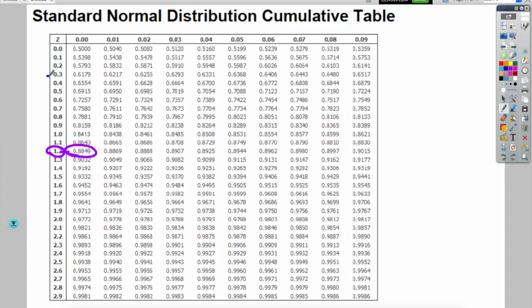You go over to the 0.3, and then you go to the 0.07 and the 0.08, and do what with these two numbers? You add them and divide by 2 to figure out the average to get 0.075. So when I add 0.643 and 0.648 and divide it by 2, what do I get?